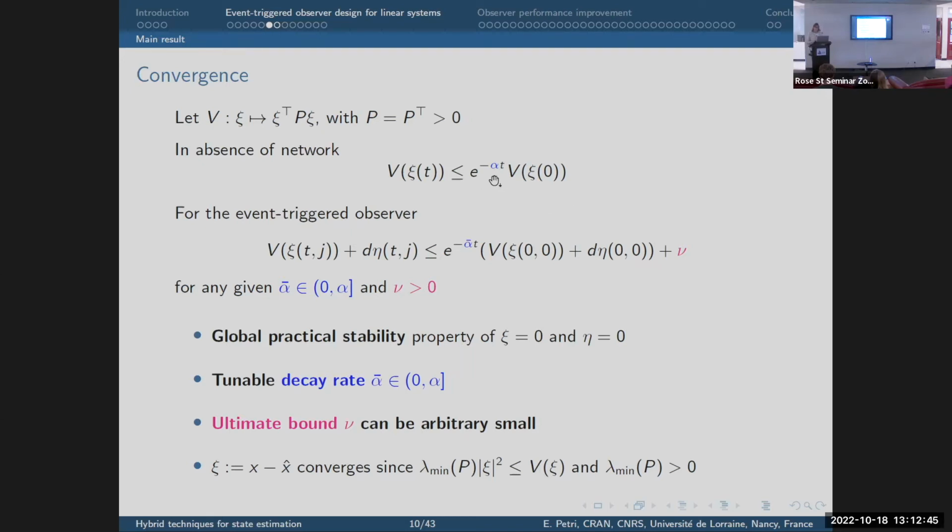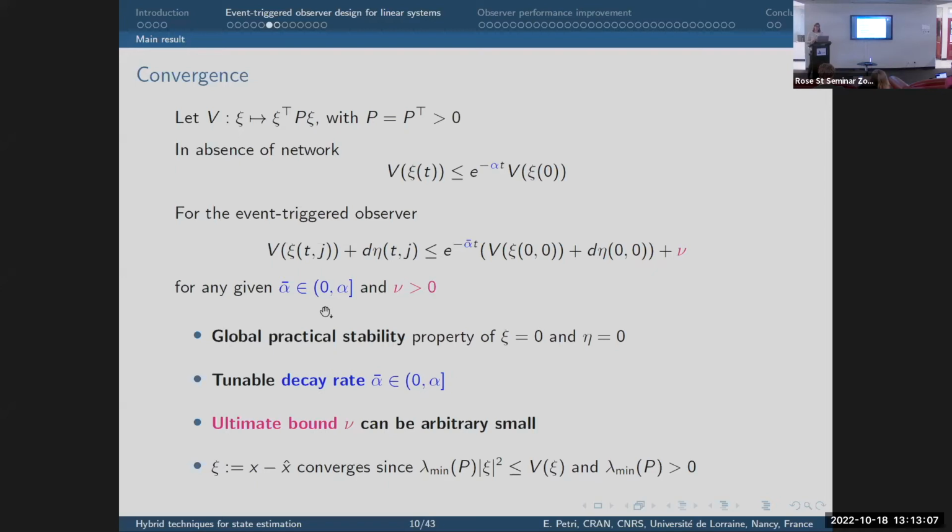In this work, we prove that for the proposed event-triggered observer, this inequality here holds, which shows that this new Lyapunov function, that is the previous one plus a term that depends on this additional scalar variable, is decreasing with a decay rate alpha bar that can be selected between 0 and alpha.